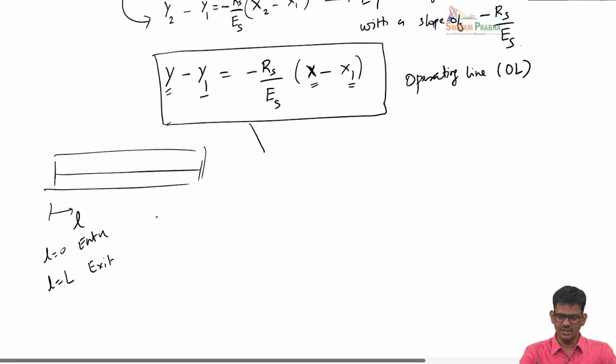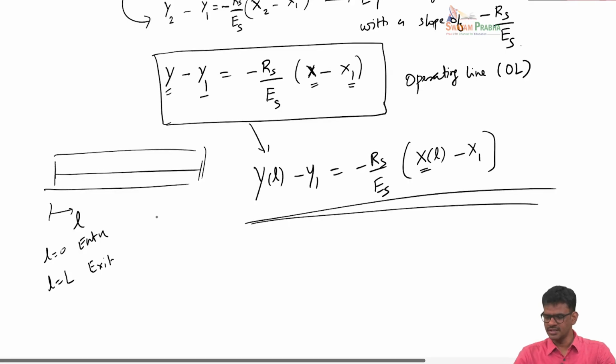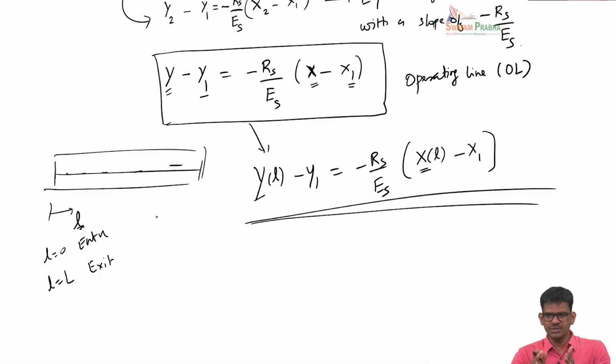Then what we are saying here is this equation: y as a function of l minus y1, which is constant, equals minus Rs by Es times x as a function of l minus x1. This x and y will be a function of l. As you go into the mass transfer equipment, the composition is changing. The change in the composition must follow this particular mass balance, which is a straight line. That's all we are saying.